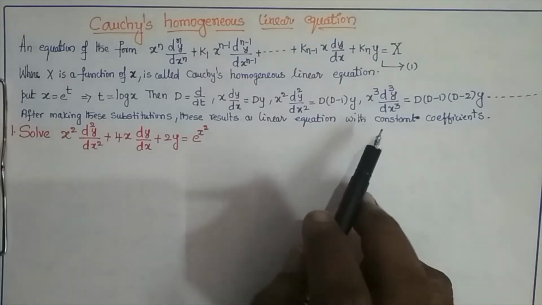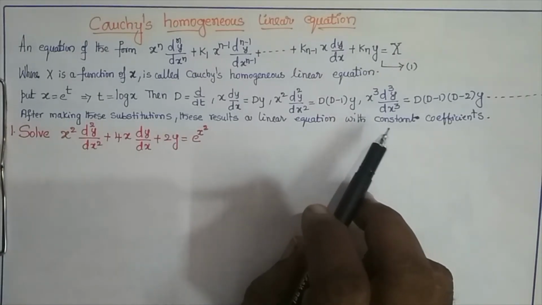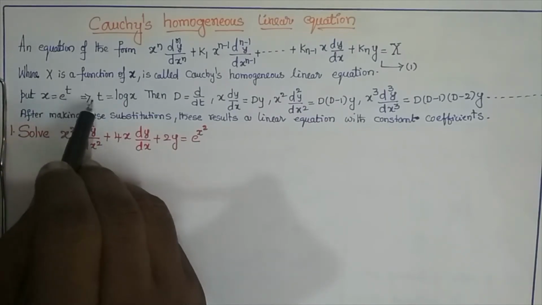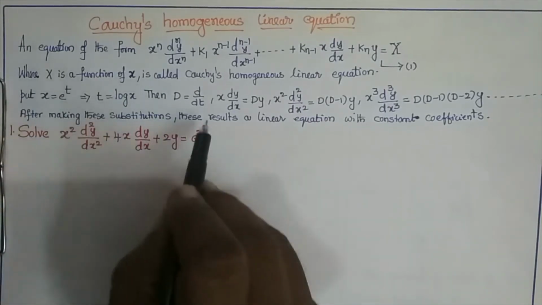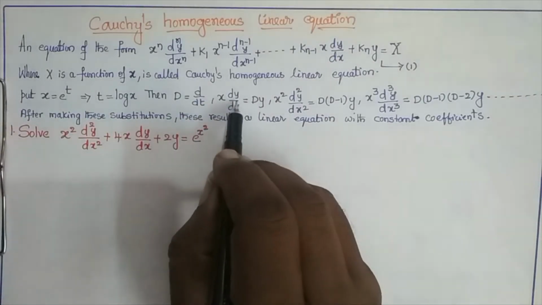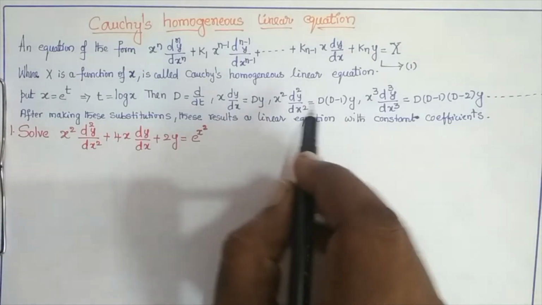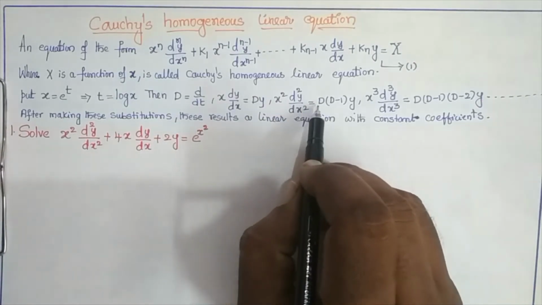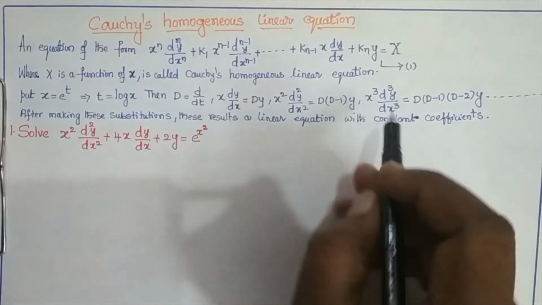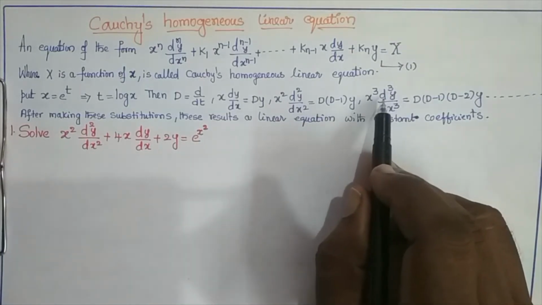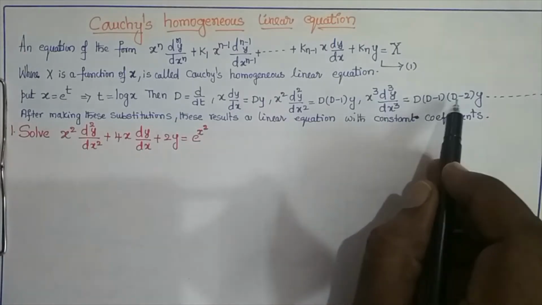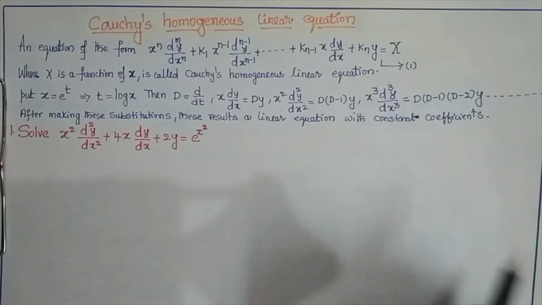To solve these type of differential equations, let us substitute x = e^t, which implies t = log x, and D = d/dt. Then x dy/dx = Dy, x^2 d^2y/dx^2 = D(D-1)y, x^3 d^3y/dx^3 = D(D-1)(D-2)y, and so on.